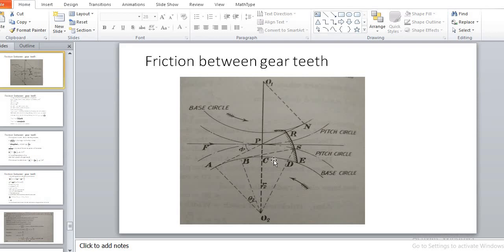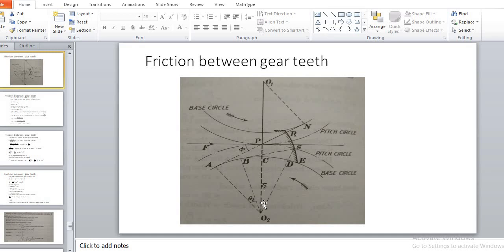Some triangles are constructed here. We consider the triangle O2AP and another triangle O2BS.